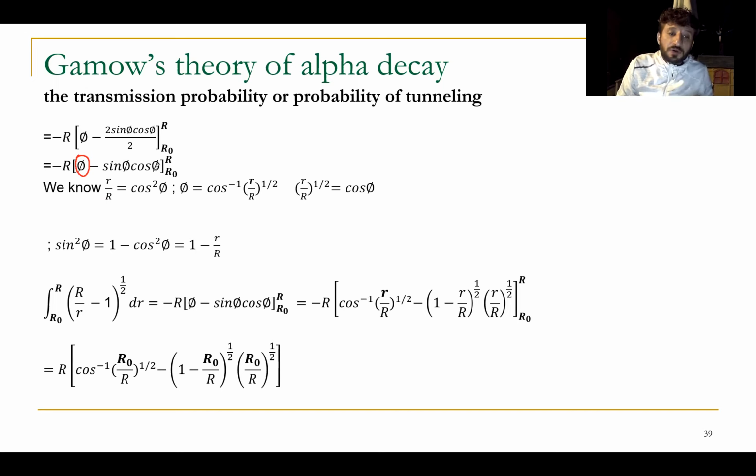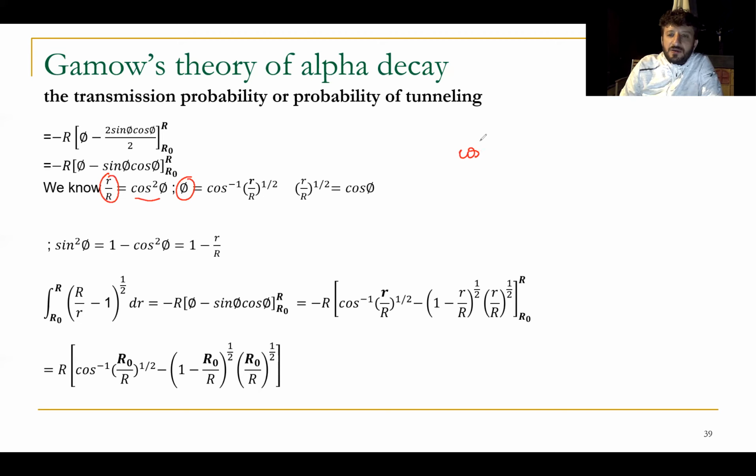So here the main point is to calculate each term in function of small r and capital R. Okay. First of all, we have to calculate phi. We can start from this one. Phi equals cosine minus 1, r divided by capital R, power half.